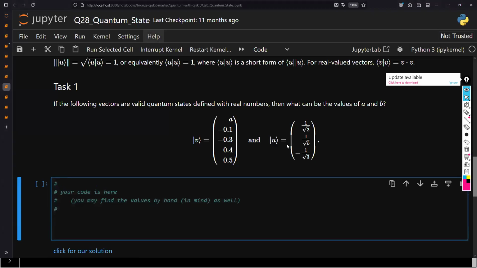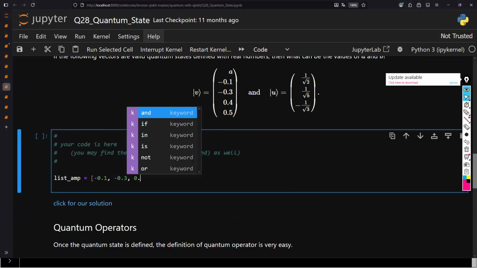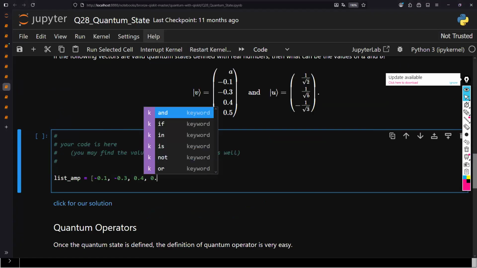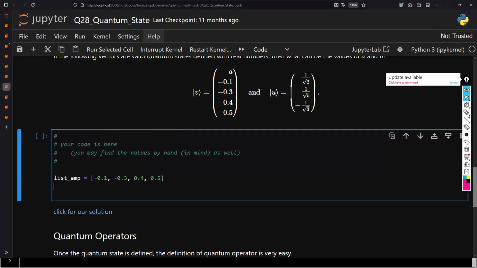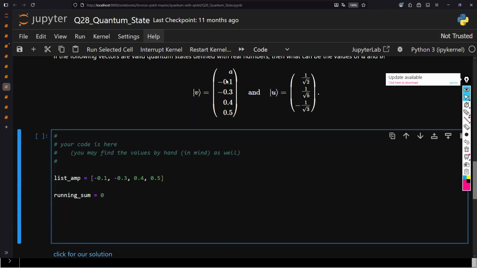So let's do a quick program. We have a list of amplitudes, which we see as negative 0.1, negative 0.3, 0.4, and 0.5. Each of them is a single amplitude, but it isn't a squared one.